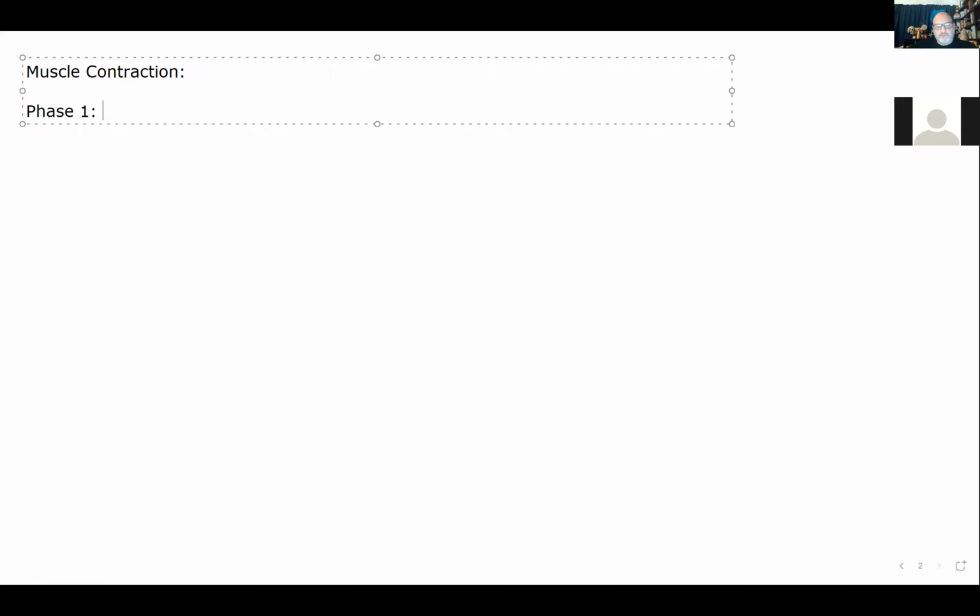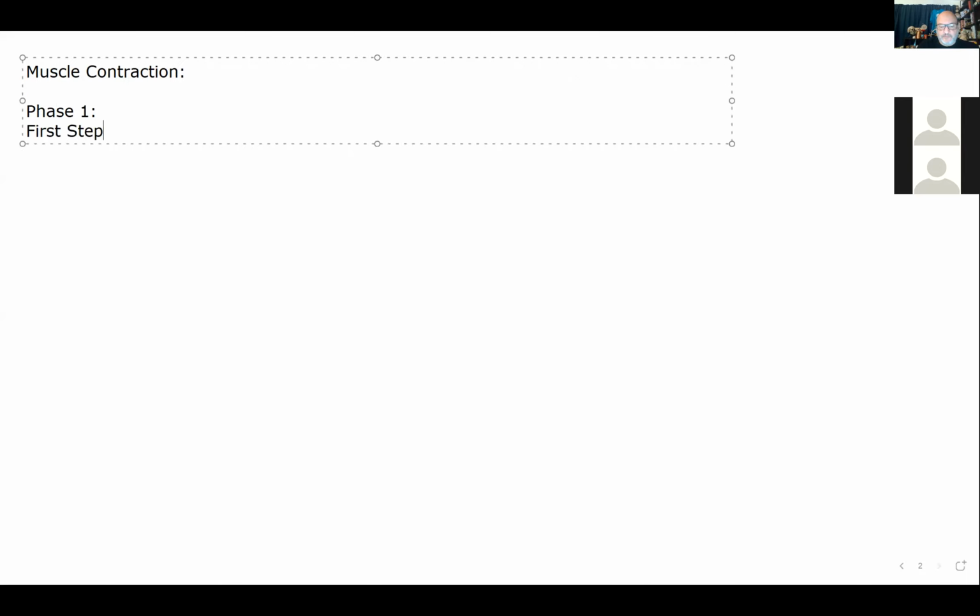A decision. Okay, that's where it starts. That's the first thing that we're going to do. Communication at the neuromuscular junction. Excellent. Phase 1 is, or the first process, maybe phase isn't the good word. Excellent.